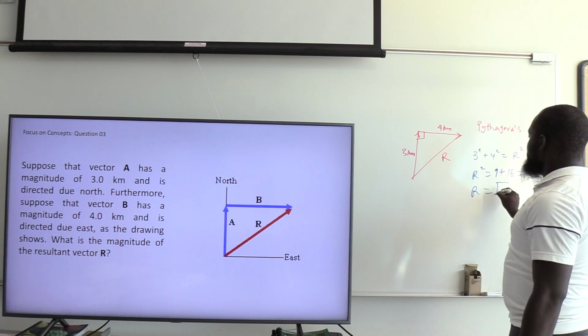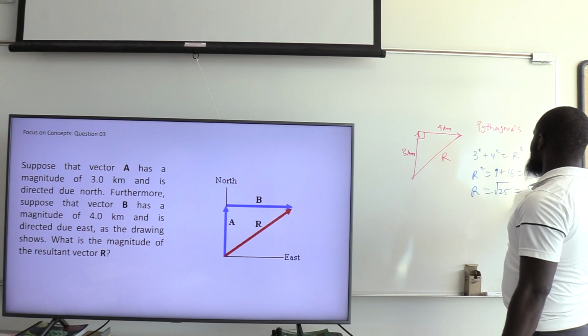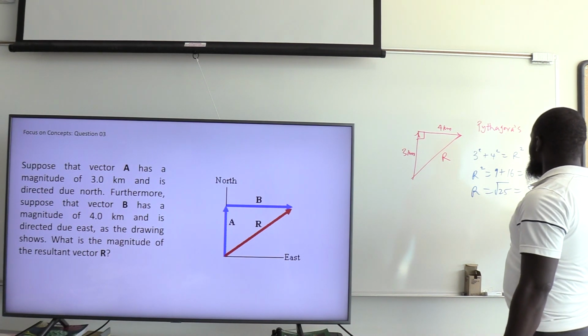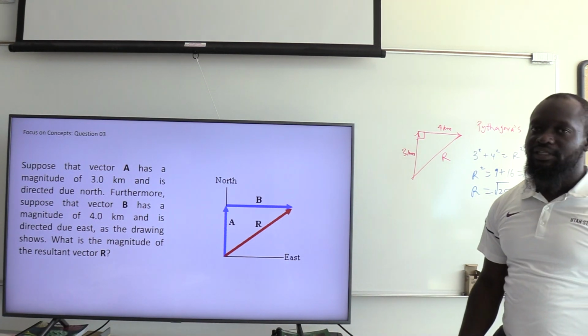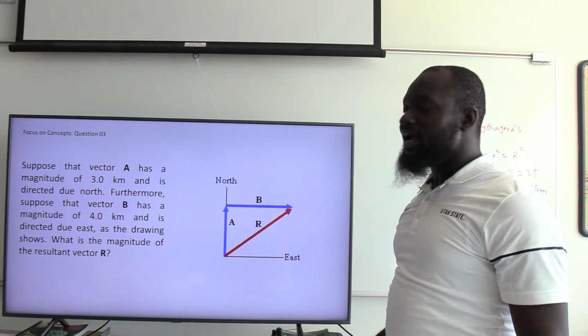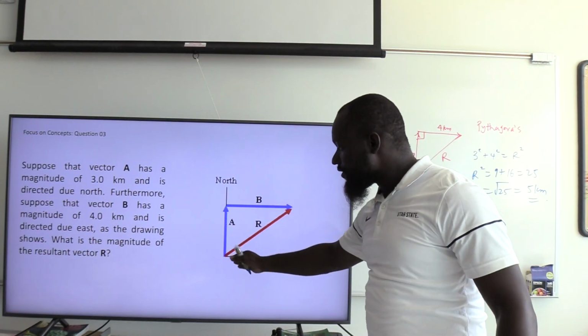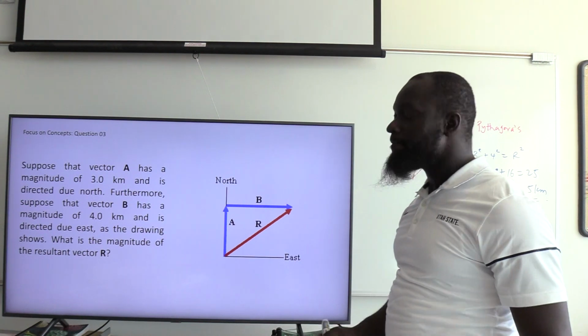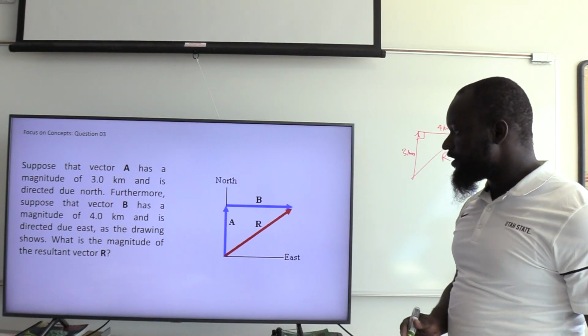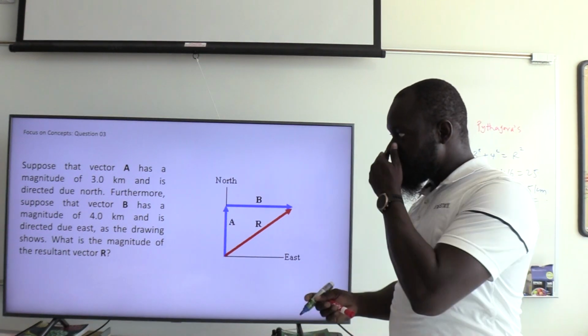So R is the square root of 25, so the magnitude is just 5 kilometers. If they had asked us for a direction, then we'd have to get some angle, and any angle you get is fine so long as you describe it correctly. So the magnitude there is 5 kilometers. That will be the correct answer for that one.